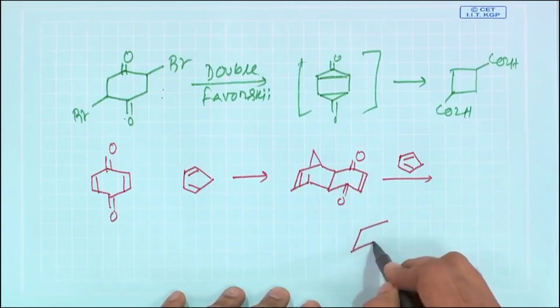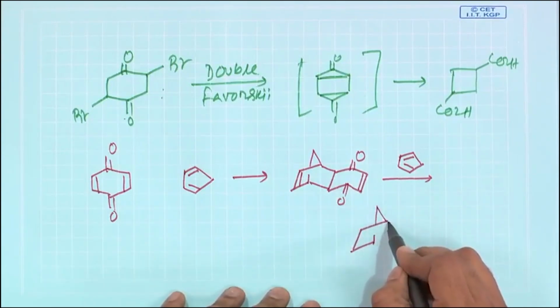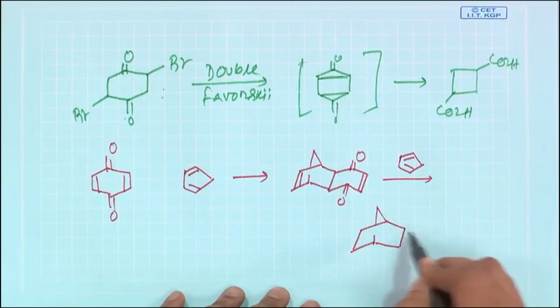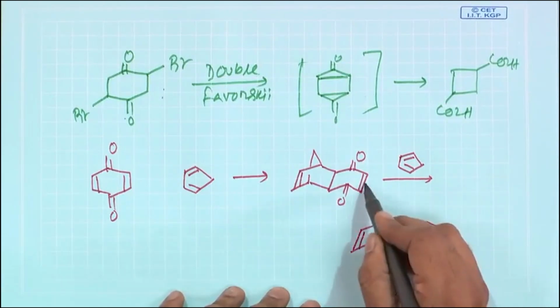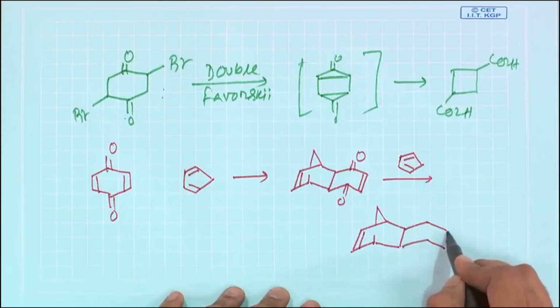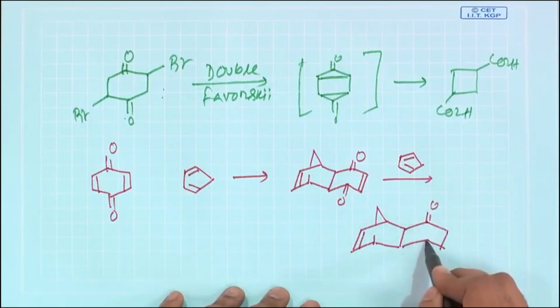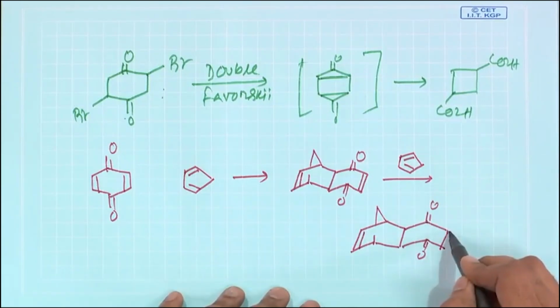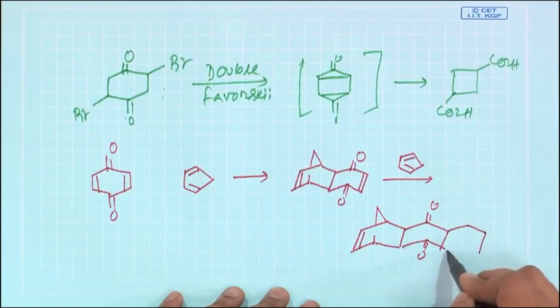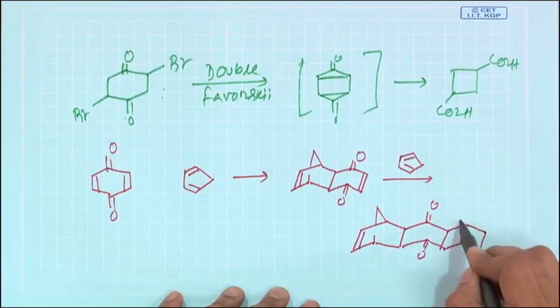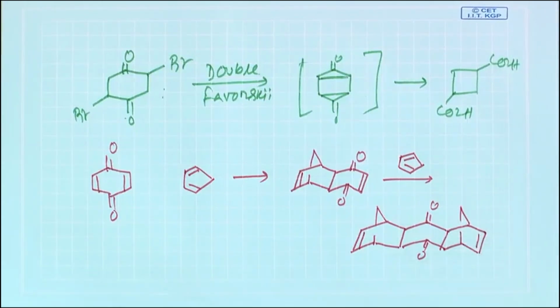tricyclic compound whose structure is, so this part is there, and this now acts as a dienophile and reacts with this to basically give you, okay.